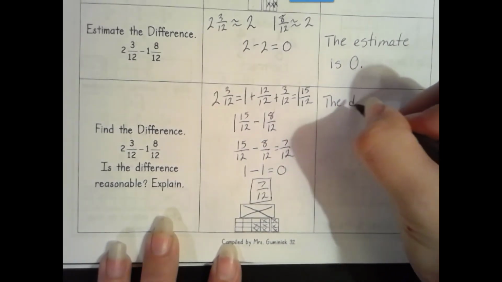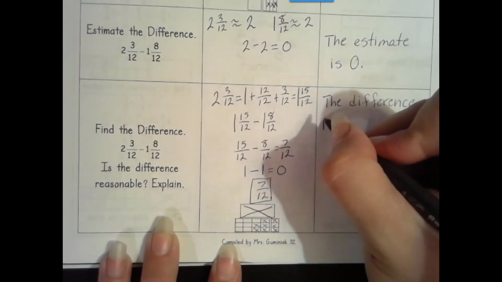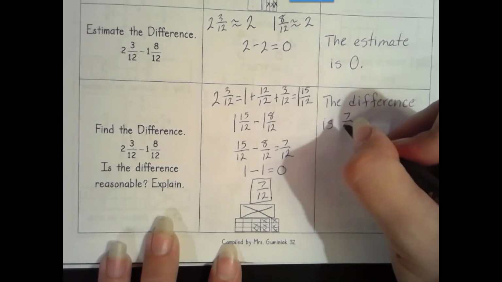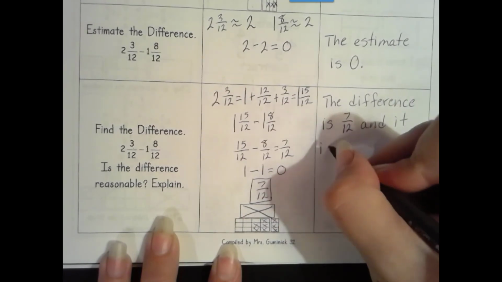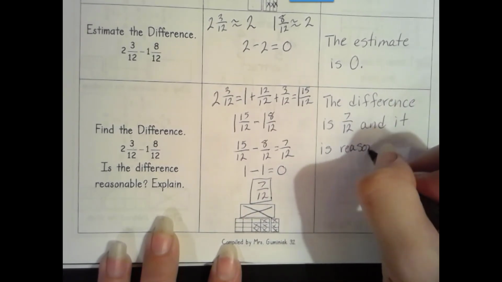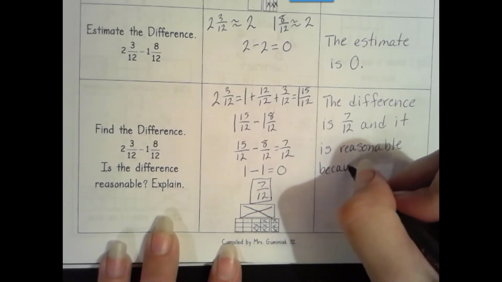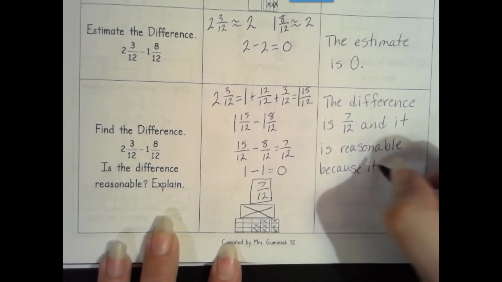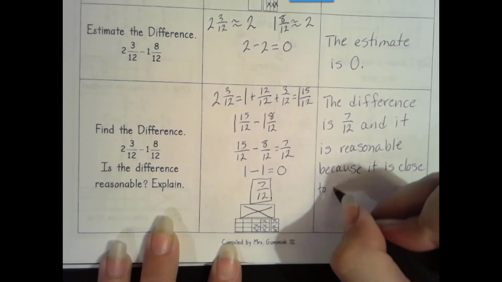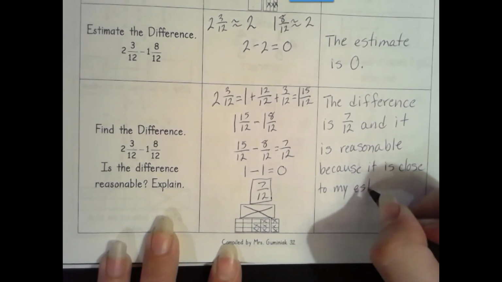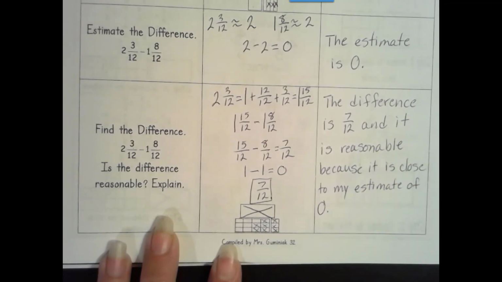The difference is 7/12, and it is reasonable because it is close to my estimate of 0.